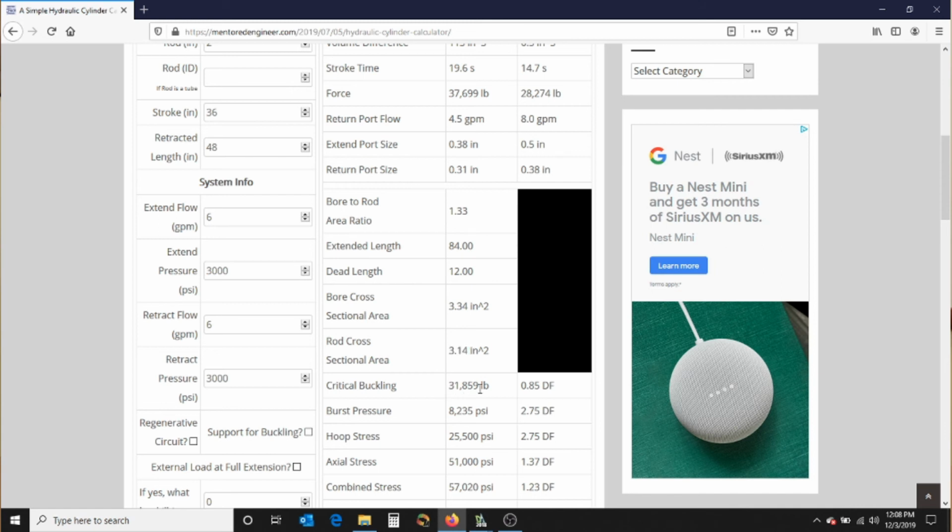It gives us our critical buckling load and our buckling design factor. All right, so this cylinder right away should not be used in compression at full stroke. All right, and if you look at it here, my force is 37,700 pounds, and my critical buckling load is 31,895.